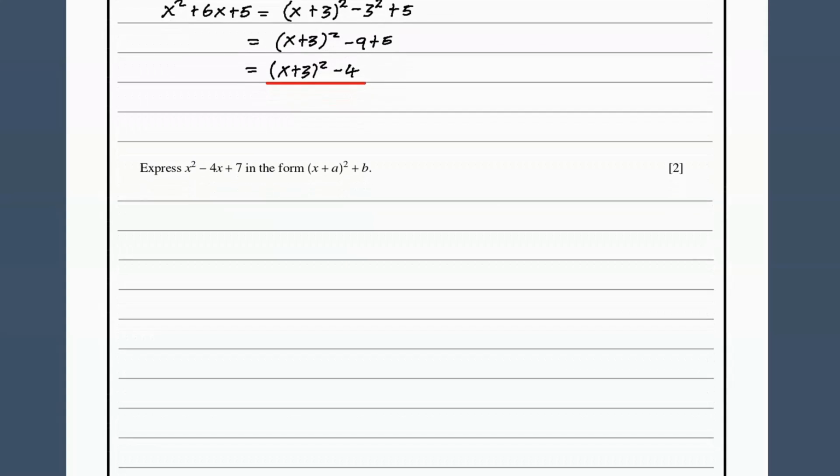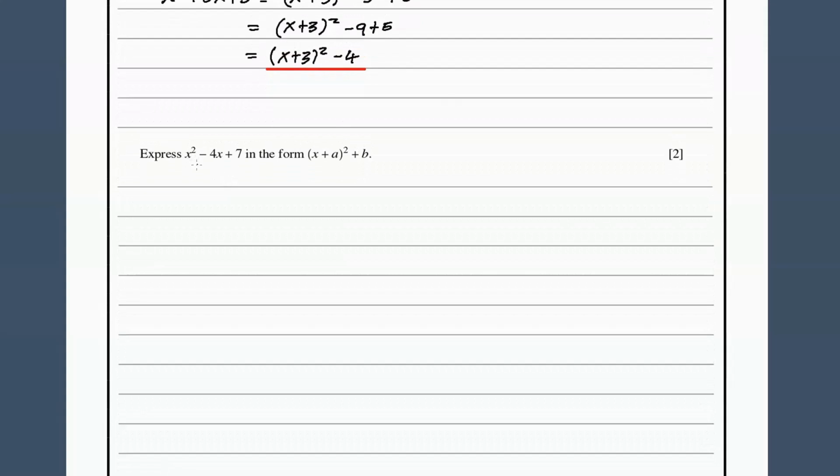Let's have one more. Here it says, express x squared minus 4x plus 7 in the form x plus a squared plus b.